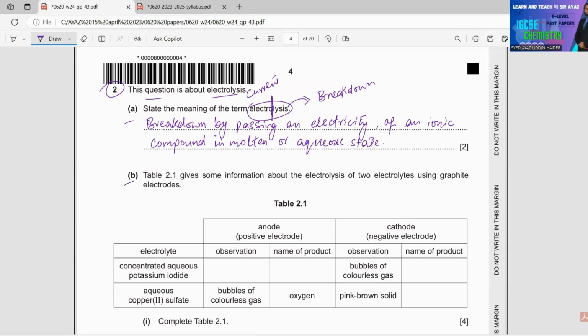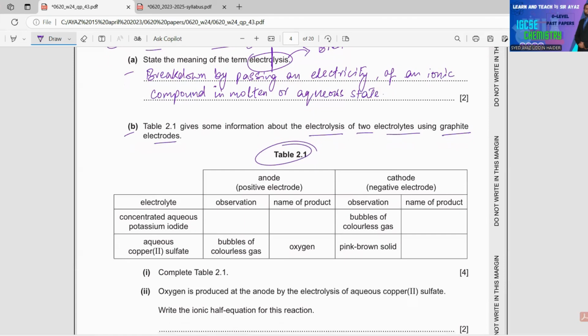Next part B, table 2.1 gives some information about the electrolysis of two electrolytes using graphite electrodes. Here's table 2.1. You have electrolyte concentrated aqueous potassium iodide, then you have aqueous copper(II) sulfate. 1. Complete table 2.1.